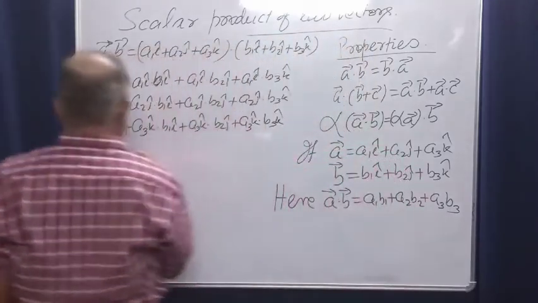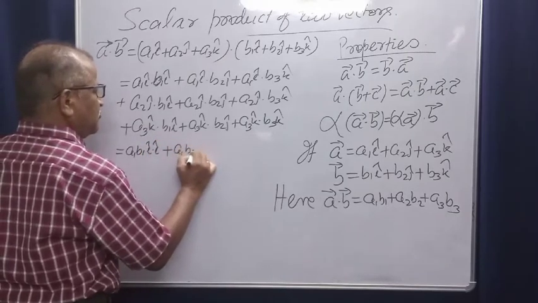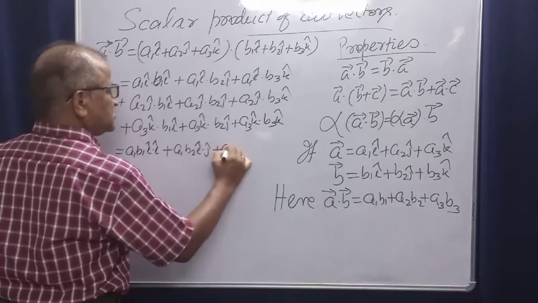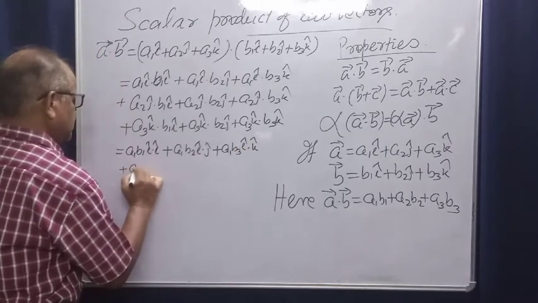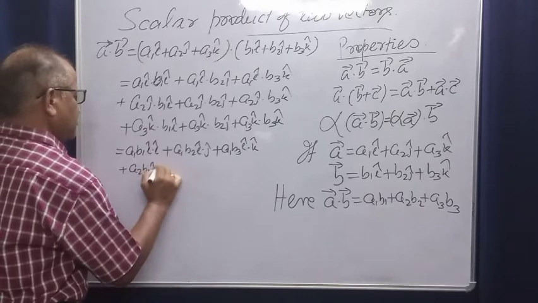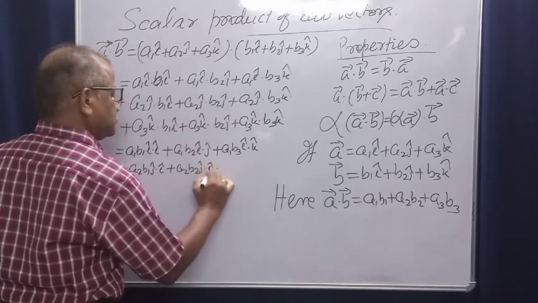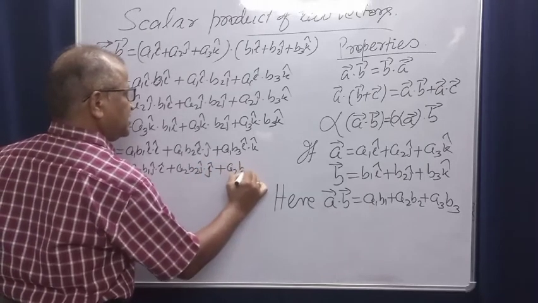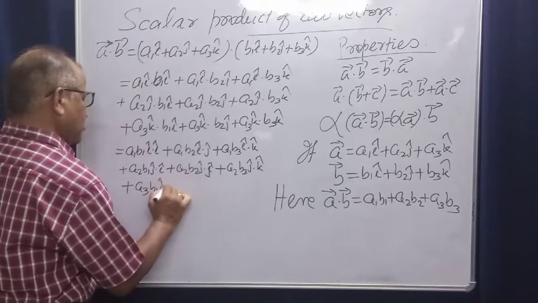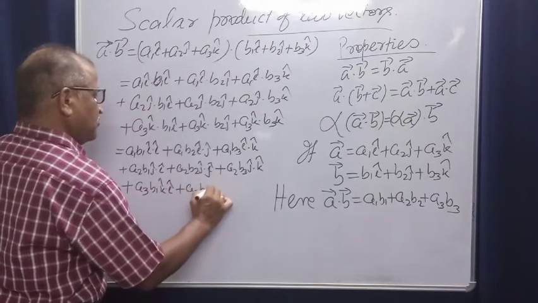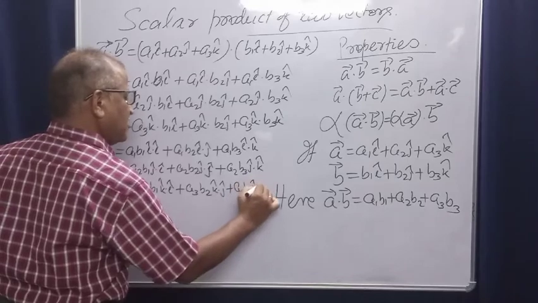I can write it like this: A1 B1 i cap dot i cap plus A1 B2 i cap dot j cap plus A1 B3 i cap dot k cap plus A2 B1 j cap dot i cap plus A2 B2 j cap dot j cap plus A2 B3 j cap dot k cap plus A3 B1 k cap dot i cap plus A3 B2 k cap dot j cap plus A3 B3 k cap dot k cap.